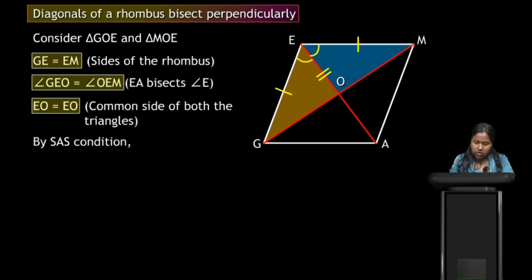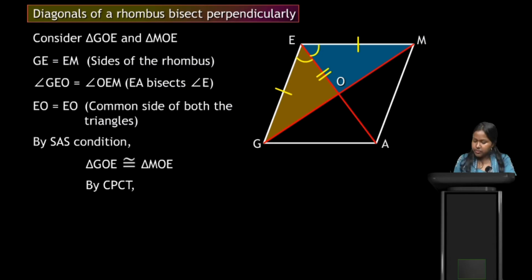So now as we got our three conditions, that means by SAS, side angle side property, what can we tell? Triangle GOE is congruent to triangle MOE. Now by CPCT, what can you tell? Angle GOE is equal to angle MOE.